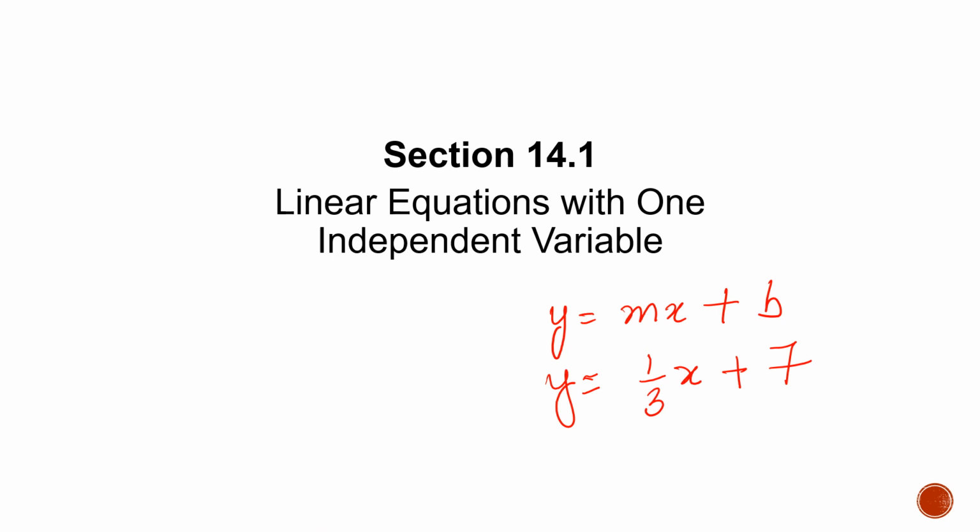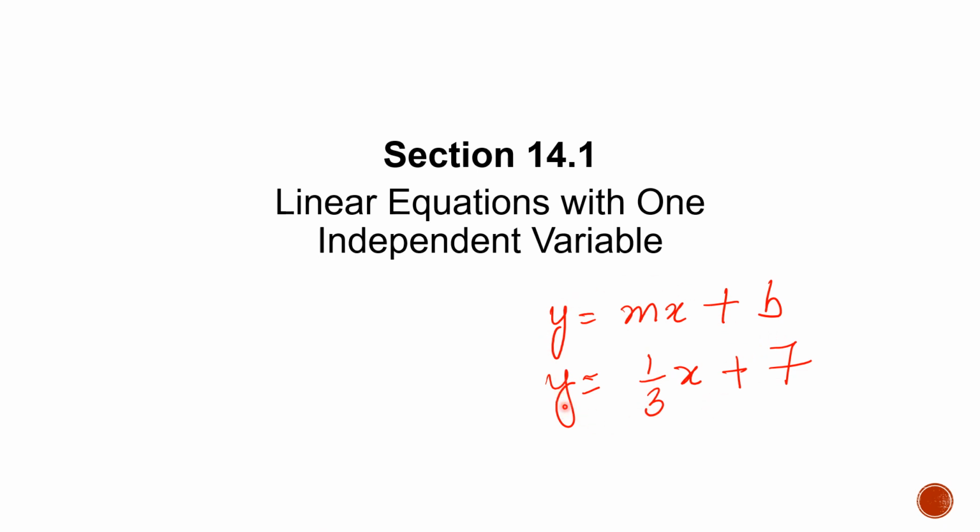This is just a made up equation, all right? And what this does is you can plug in any value for x and do this calculation and you will get a value for y.